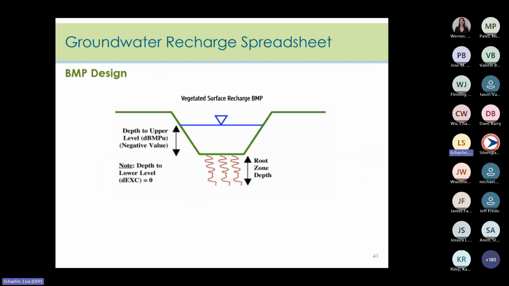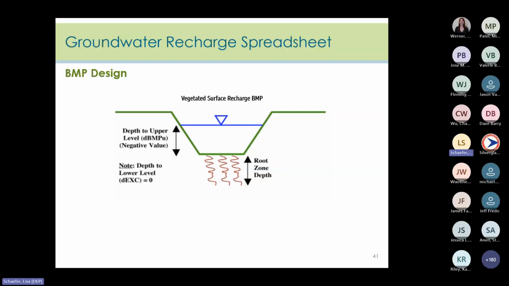This is an example of a BMP that has a vegetated bottom, so it represents recharge BMPs like bioretention basins. The parameter dBMPU is the depth to the upper level in the BMP. In plain language, it's the vertical distance from the vegetated ground surface to the maximum water surface level in the BMP. If the vegetated ground surface is below the water surface, the value is negative, like the figure we see here.